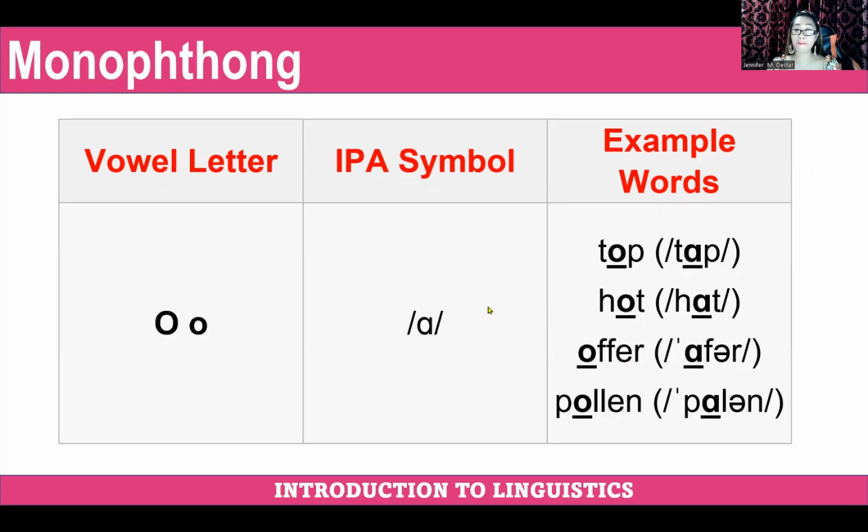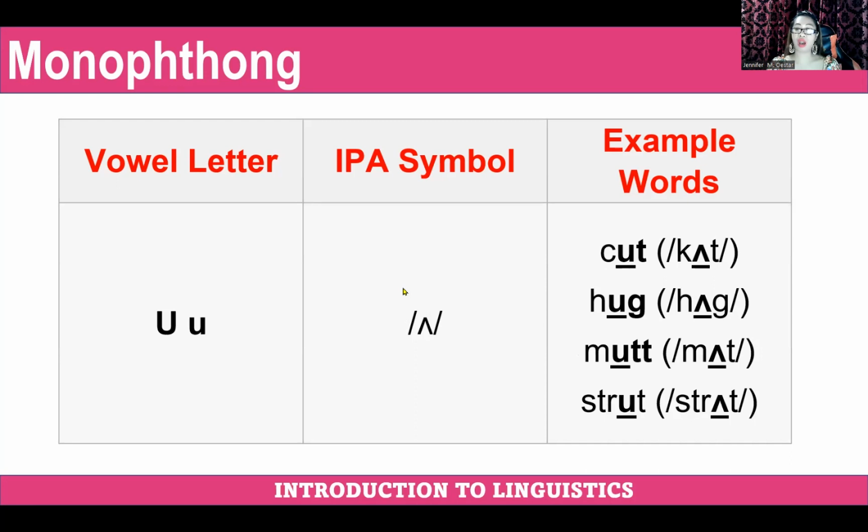And we have the O in between pronunciation of O going to A or the A. Top, hot, offer, pollen. Once again, this is a monophthong.